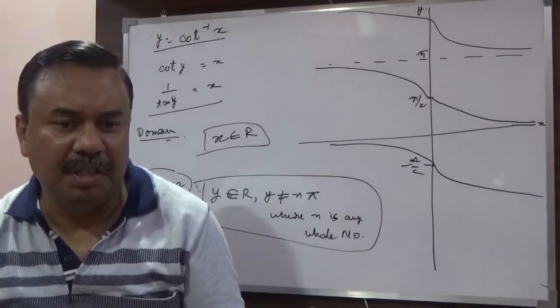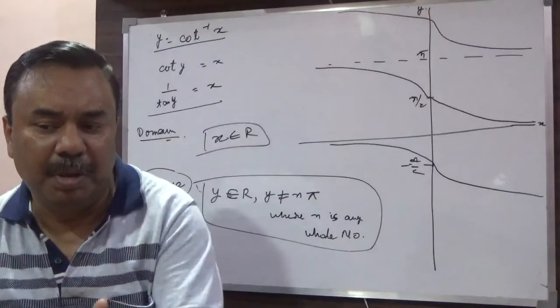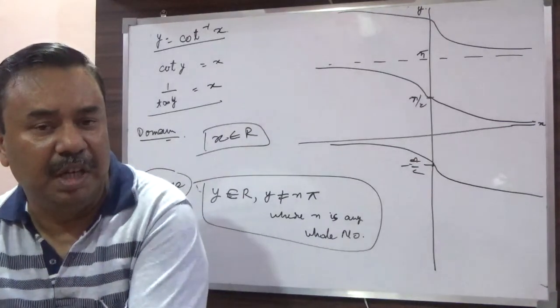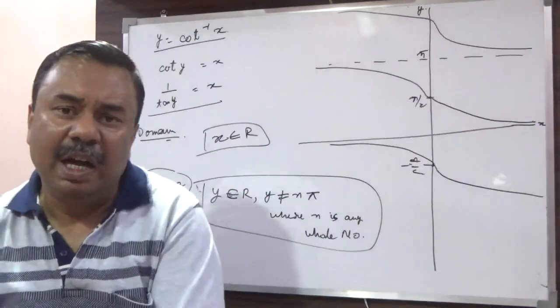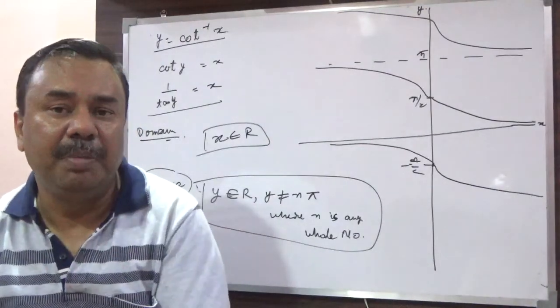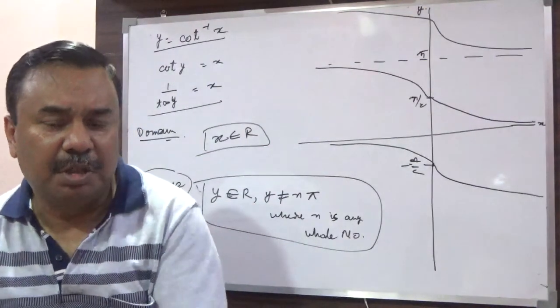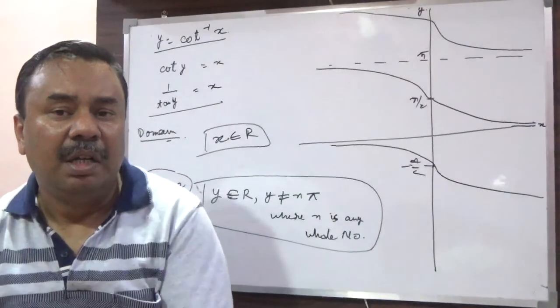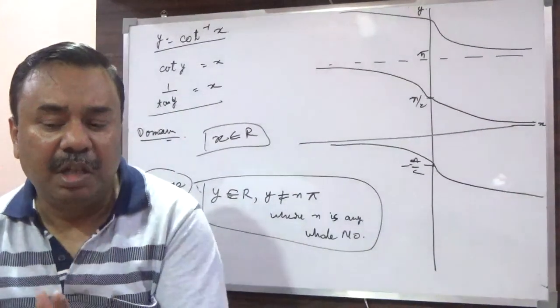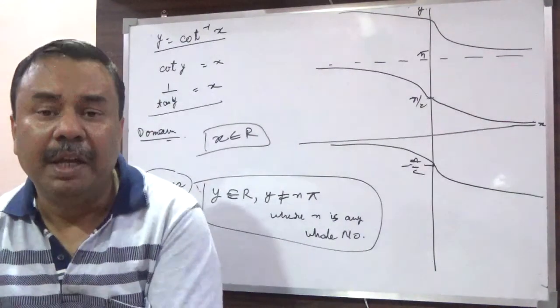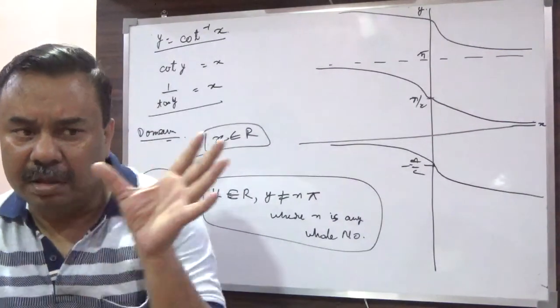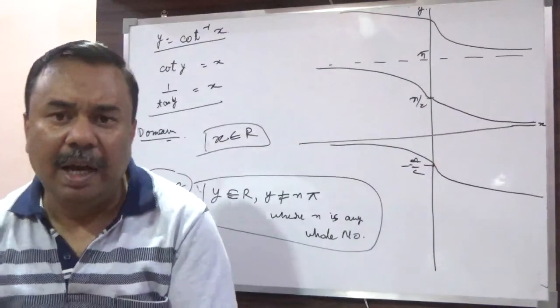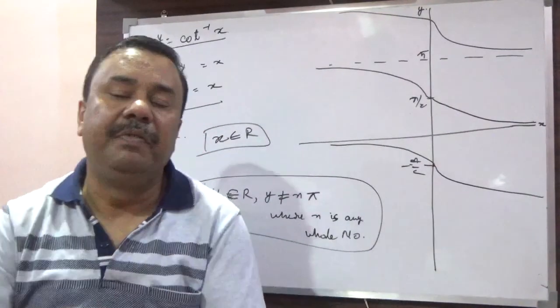There are properties, principal values, and other operations on the inverse trigonometric functions that I shall discuss in my upcoming videos. So till then, just go through this video once again and try to understand what I have said. Go through your books, keep on practicing, try to visualize the concepts, and that will benefit you.